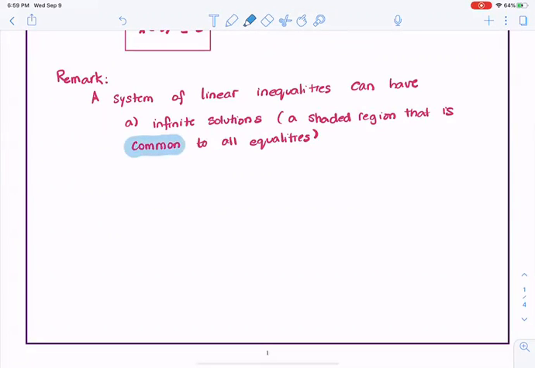Now, that is the most important word there, a shaded region that is common to all inequalities.